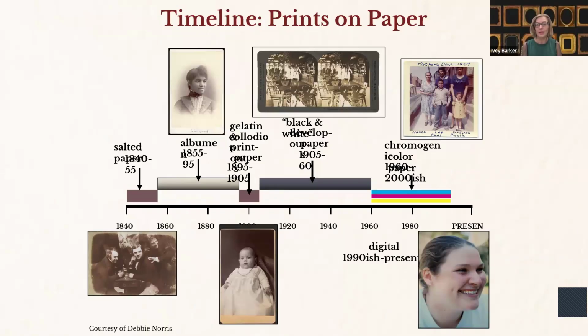This timeline is a quick and dirty one for print on paper. I'm sorry that this image is a little off. I'll try and fix that before it goes out. But what are common prints on paper that might be found in collections leading from the 1840s up into the digital age and beyond? Next slide.